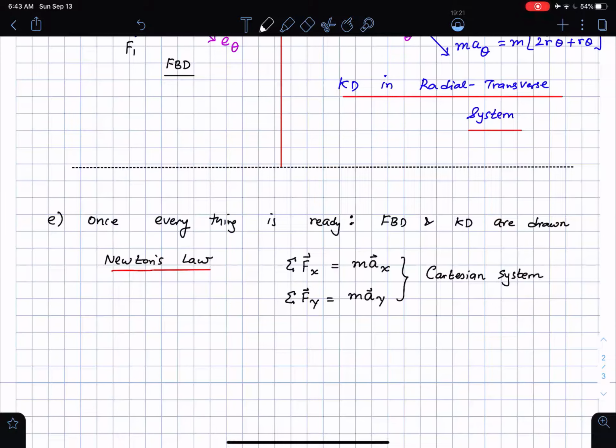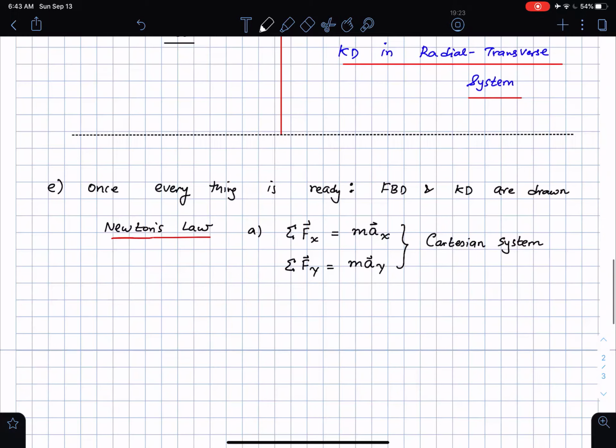Then let me squeeze in a couple more here. The sum of all the forces in the tangential direction is mass times acceleration in the tangential direction. The sum of all the forces in the normal direction is mass times acceleration in the normal direction, depending on which coordinate frame you've chosen.